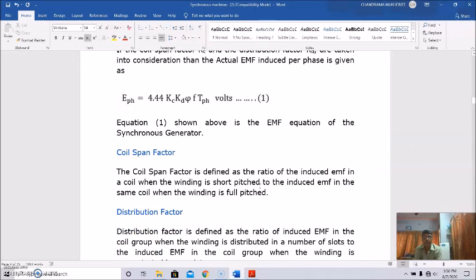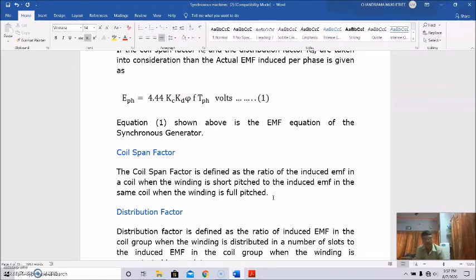So this shows the EMF equation of the synchronous generator. Basically, you know that the coil span factor is nothing but the ratio of the induced EMF in the coil when the winding is short pitched to the induced EMF in the same coil when the winding is full pitched. In reality, the coil is not full pitched, and all the coils or conductors are not concentrated in a single slot.